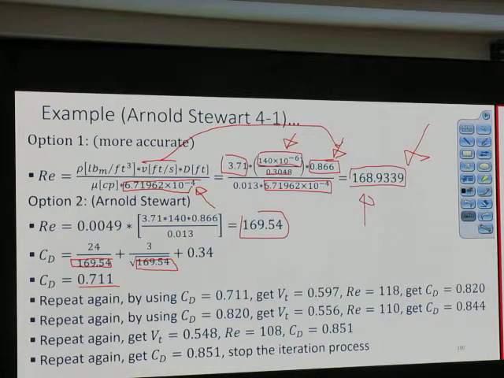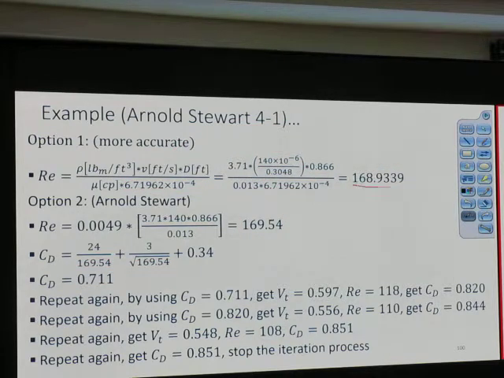So first we recalculate Reynolds number. Do you have any question on this point for Reynolds number calculation? No problem. And then this is a formula for C sub D. It has to be 24 over Reynolds number plus 3 over square root of Reynolds number, plus 0.34. So we plug the number in.